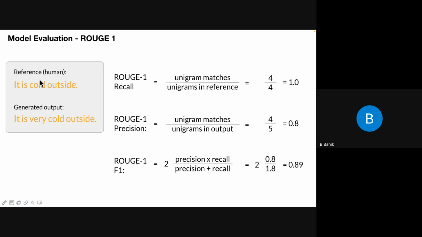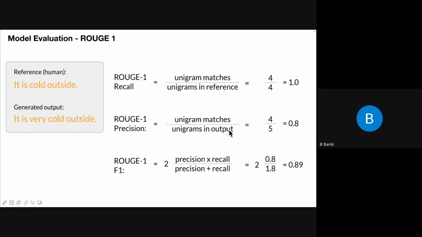That's where we are calculating the precision. You have all the words in the unigrams, "it is cold outside", and in the output we have "it is very cold outside". So that's how I am getting a precision score of 80%.